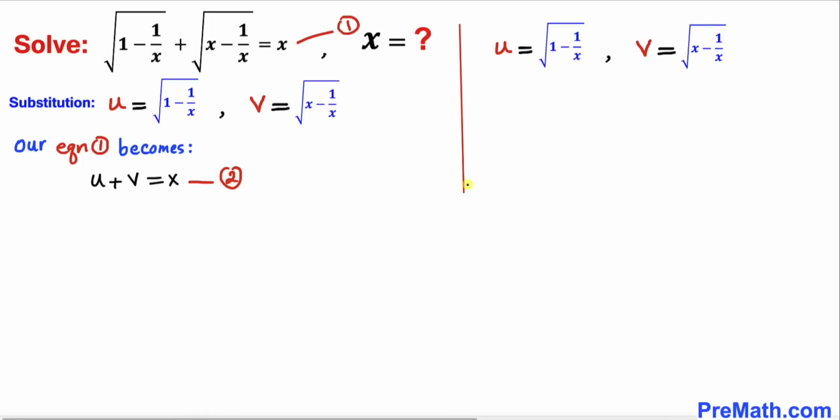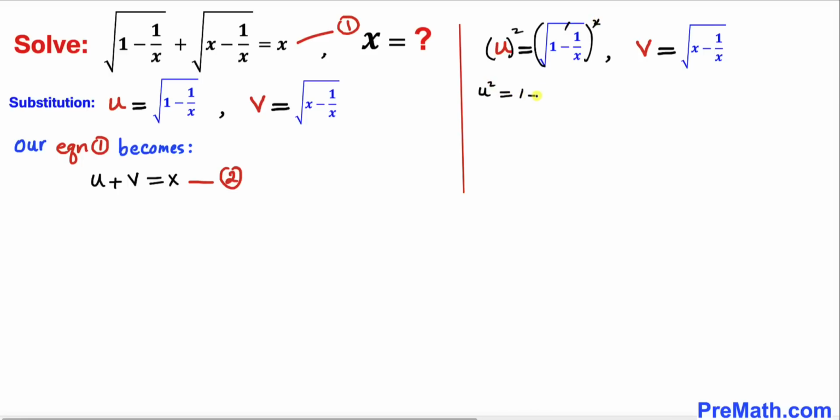And here's our next step. We know u equals this first radical and v equals this second radical. Let's square both sides. So u square is simply this square, and square and square root undo each other.